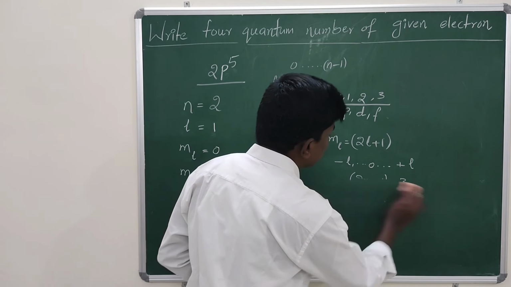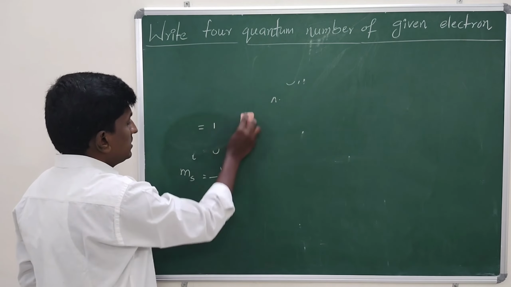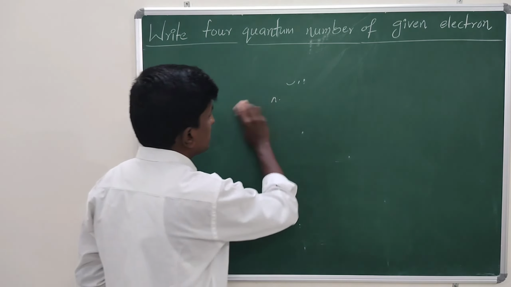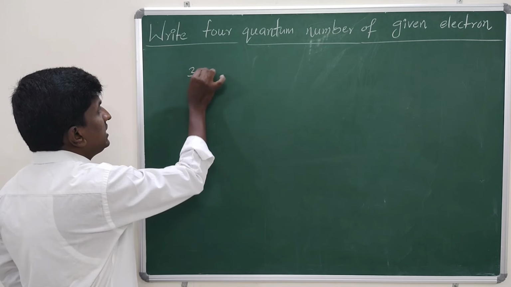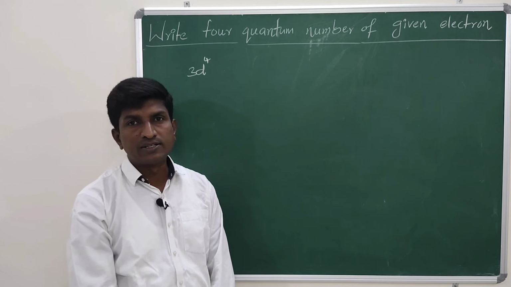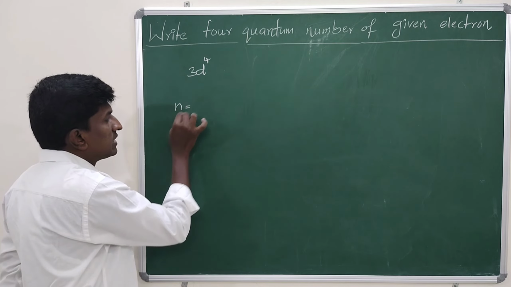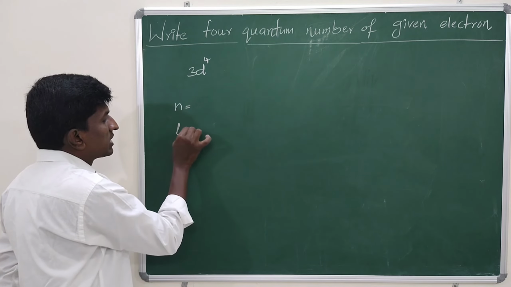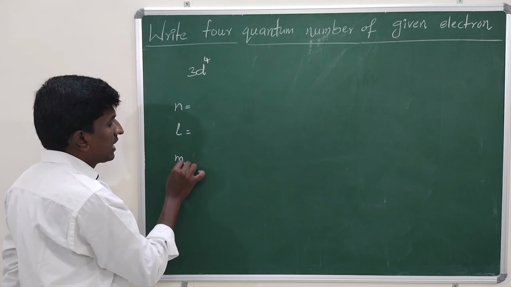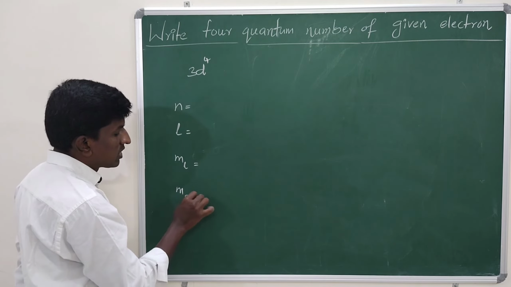Again, let us discuss one more example regarding these quantum numbers. Let us take the 3d4 electron. As we know, first the principal quantum number, then the angular momentum quantum number, the magnetic quantum number, and the spin quantum number.